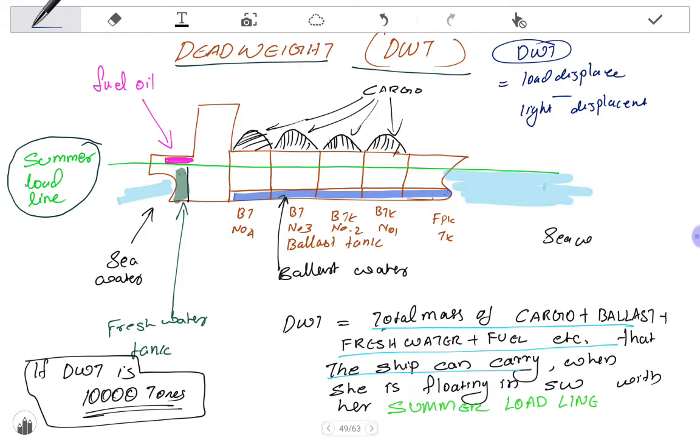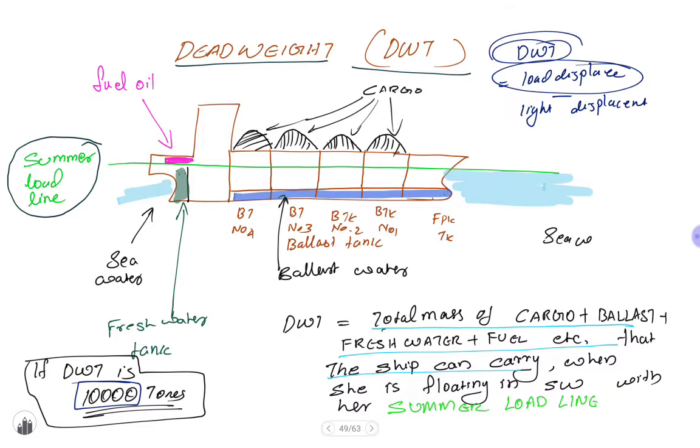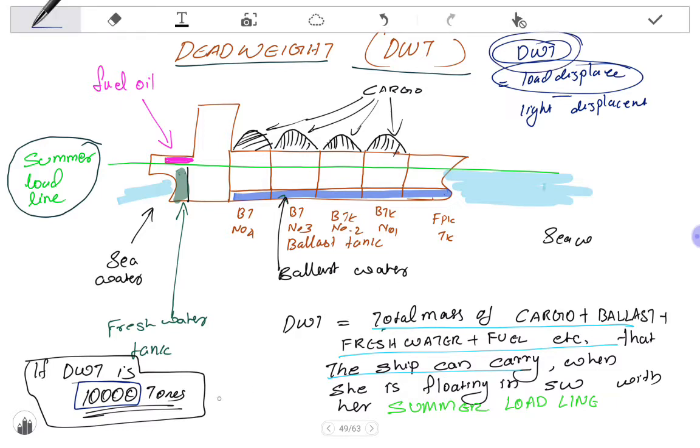Okay, so if anybody says the dead weight is 10,000 tons, that is not exactly the load displacement. Load displacement will always be higher than the dead weight, because to get the load displacement, you have to add the light displacement along with the dead weight.